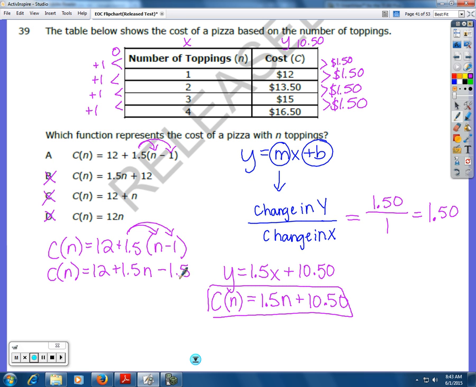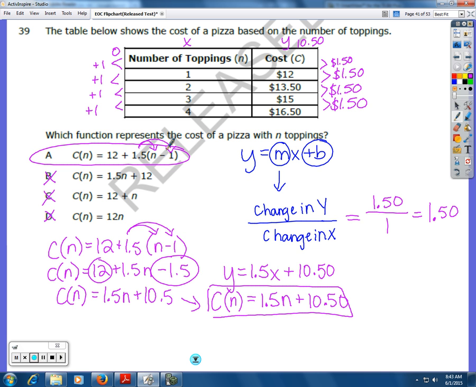And when I combine my like terms here, 12 and negative 1.5, I'm going to end up with 1.5n plus 10.5, which is the answer I got here. So the correct answer is A. It's just that the way that they have formatted their answer, it looks different than the equation that you got. So sometimes you need to look at the answers and simplify them in order to match up with what you find in your problem.